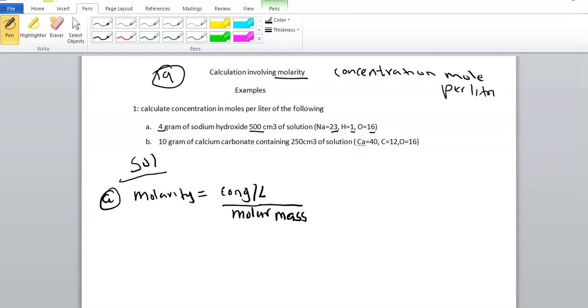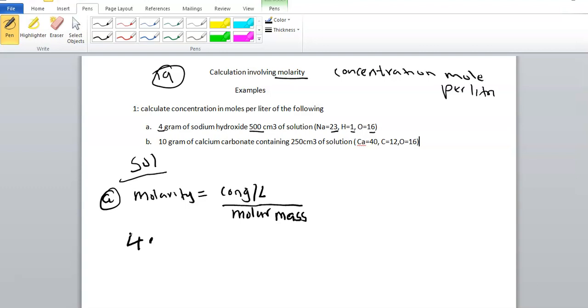How do you get concentration in gram per liter? First, we have 4 gram of sodium hydroxide in 500 centimeter cubic. This is the volume of the liquid that we have dissolved with 4 gram of sodium hydroxide.